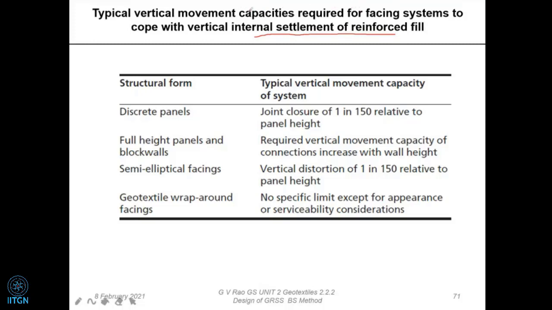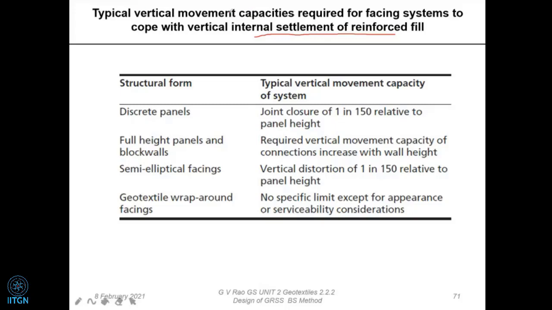The closure between two panels is allowed to be 1 in 150. We place EPDM rubber between the panels, so that may compress 1 in 150. That means if the vertical height is 150 centimeters, it should be able to settle at least 1 centimeter. That is 1 in 150.